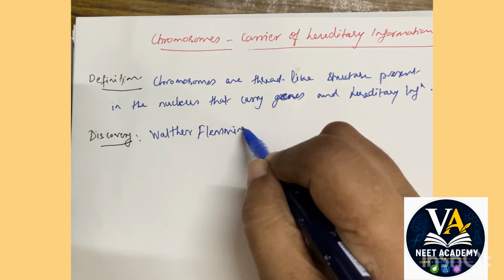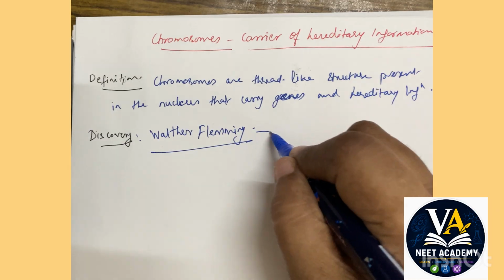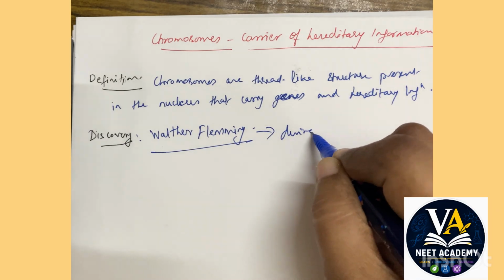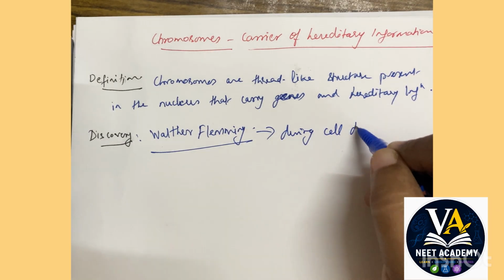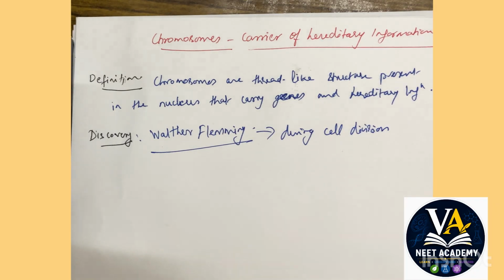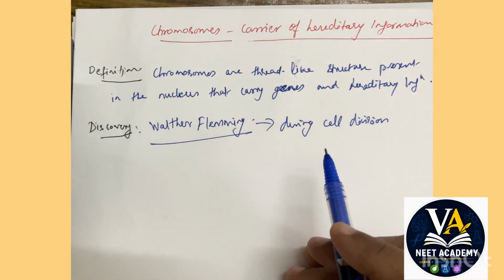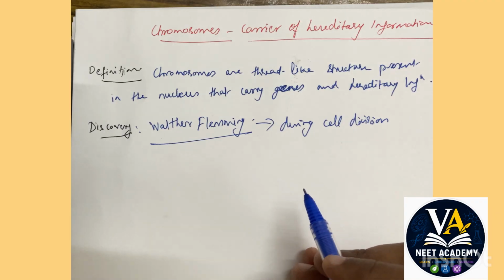He was the person who first observed the chromosome during cell division. When he was watching the division of a cell under a microscope, he saw these thread-like structures. He was not the person who coined the term, but Walter Fleming was the person who discovered chromosomes.